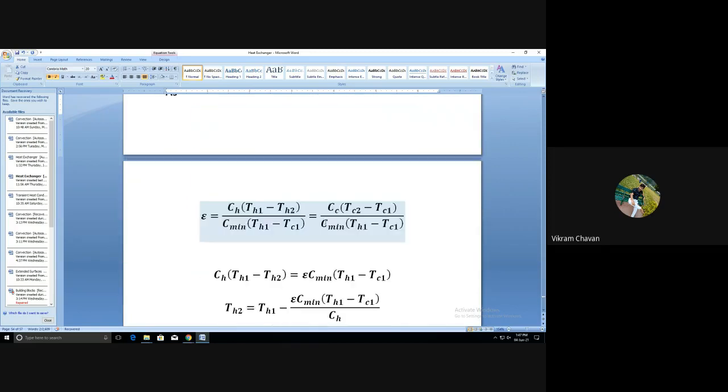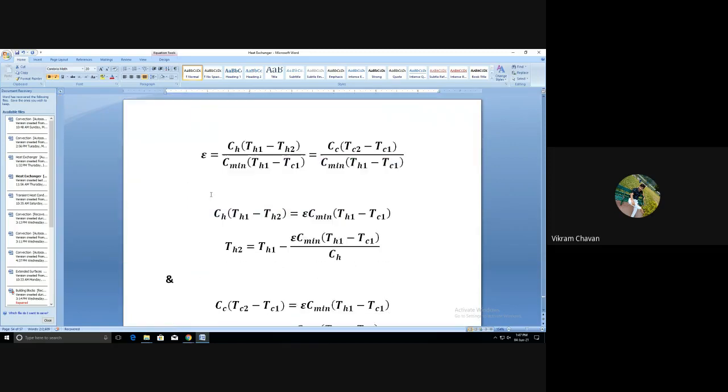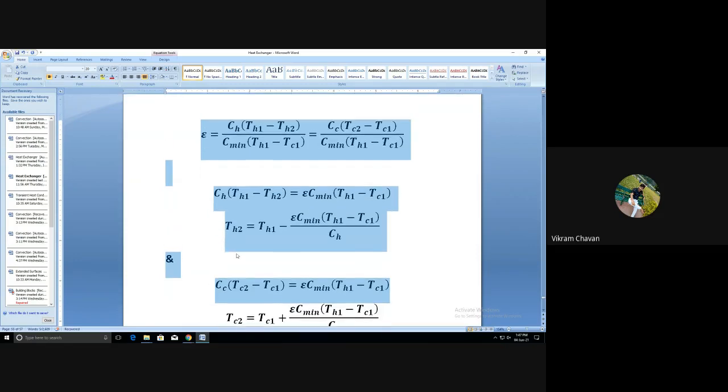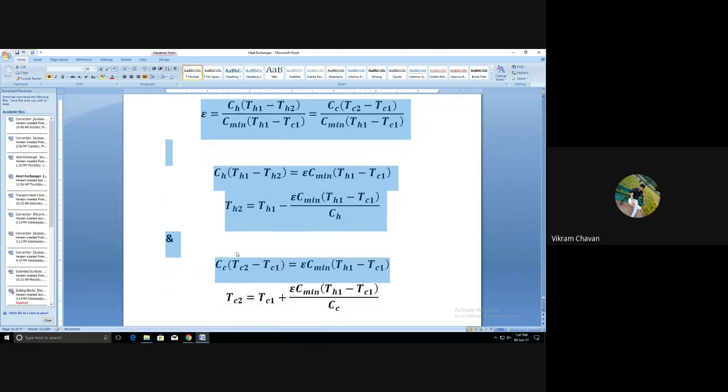Then as we know, effectiveness is equal to this particular equation. Okay, and from that equation we have derived the Th2 and Tc2. Okay, so you can write these equations directly from the screen.